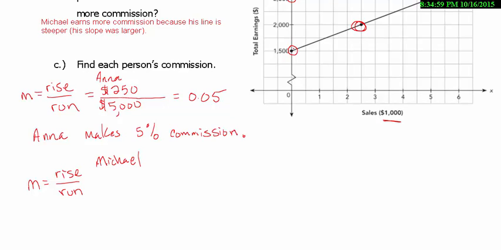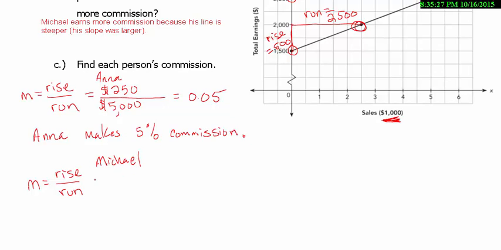So let's find the rise and the run for Michael. Again, it was an increase of 250 per line, and so Michael's rise is an increase of 500. So his rise is 500, and the run is 2.5, or a run of 2,500, because again it was in thousands for the sales.